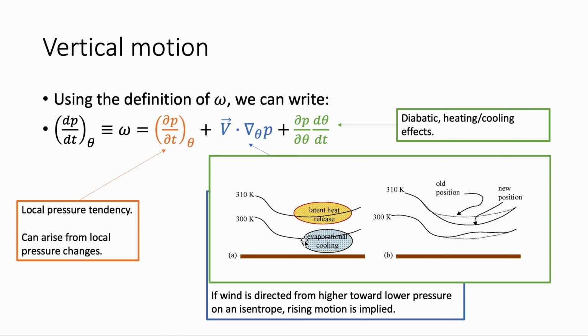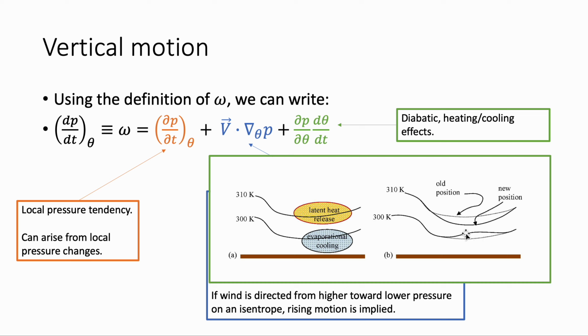On the other hand, over here, this point is going to cool down by evaporation. And so the temperature here is going to decrease. So that means that the isentrope over here must be lifting, right? Because this is getting colder now. And so it's going to belong to an isentrope that was lower in altitude.